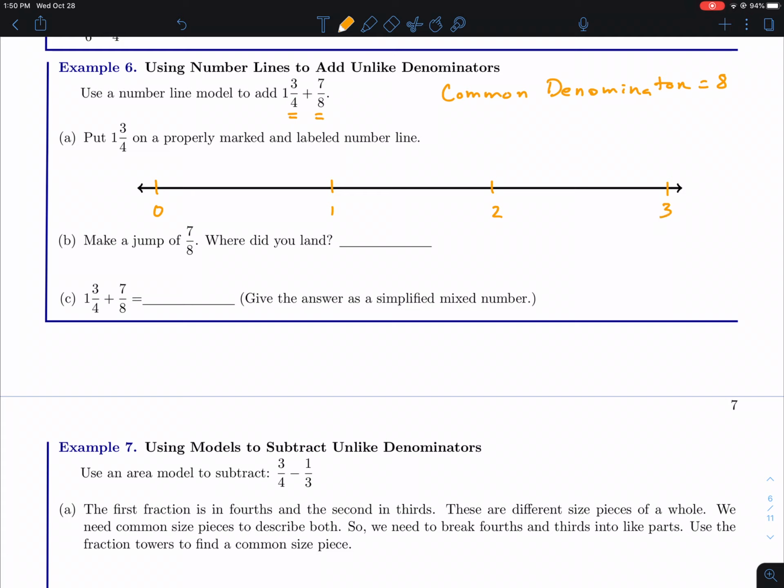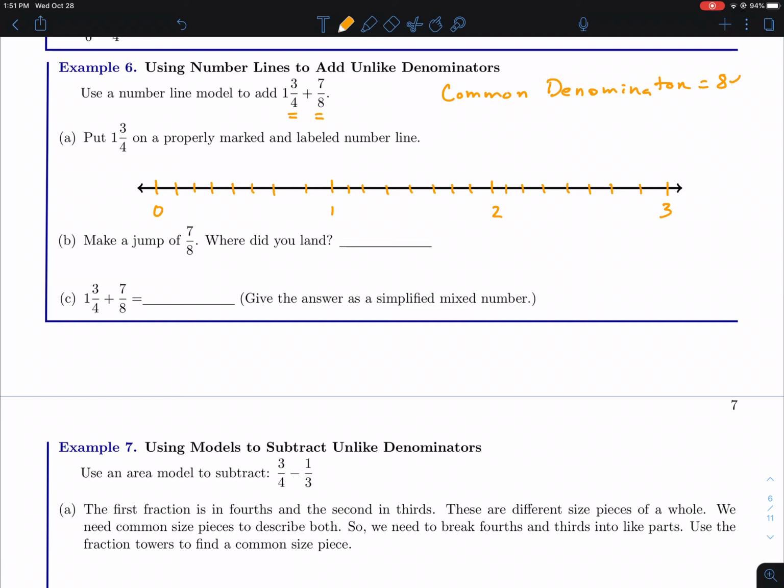And then again, since our denominator that we came up with is 8, I want to break each of these big numbers up into chunks of 8. So I need 7 lines. So 1, 2, 3, 4, 5, 6, 7. 1, 2, 3, 4, 5, 6. Oops, 7. 1, 2, 3, 4, 5, 6, 7.